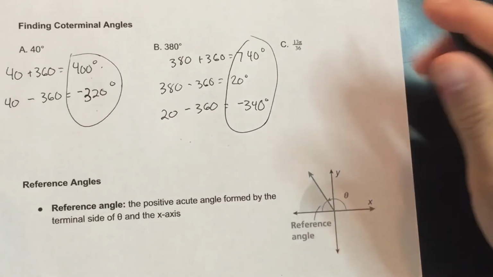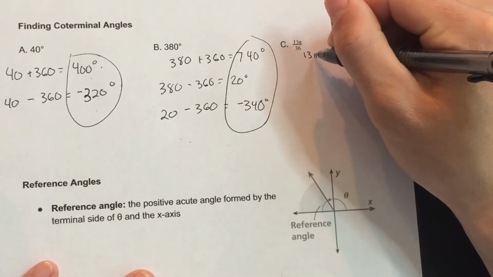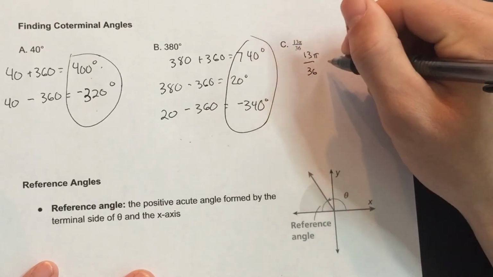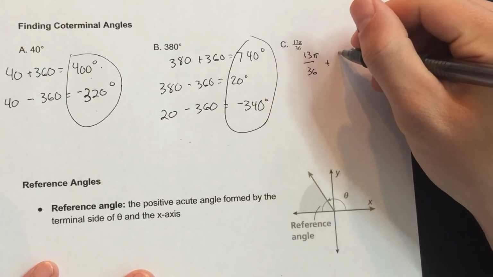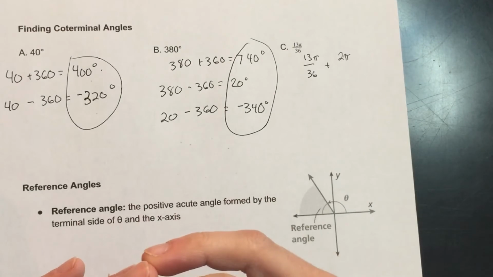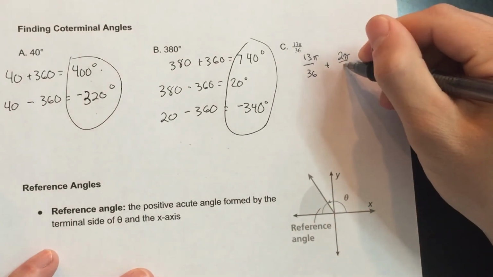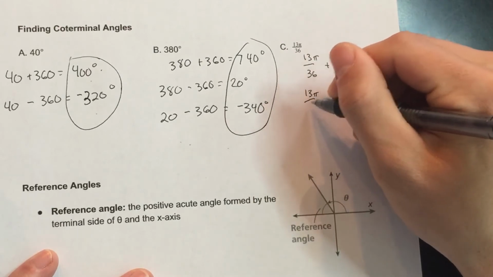Okay? 13 pi over 36. This does involve some fraction math for us. I have to add or subtract multiples of 2 pi. So we're going to add 2 pi. Well, now I need a common denominator to add these together. This is over 1 right now. So I'm going to rewrite this as 13 pi over 36.